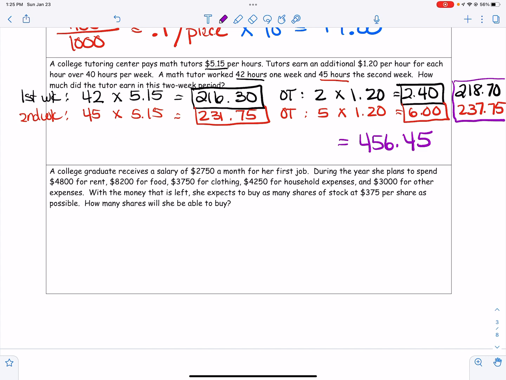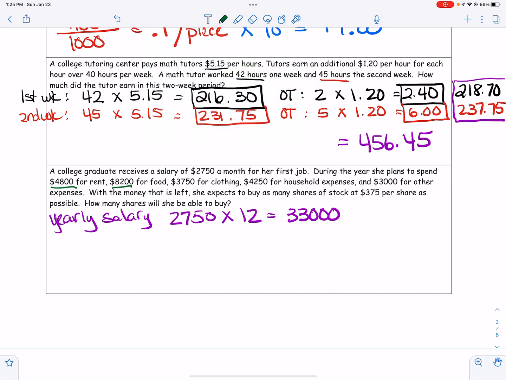The first one, we want to find the yearly salary by taking the 2,750 a month and multiplying it times 12 months. And so for the year, they will make $33,000.